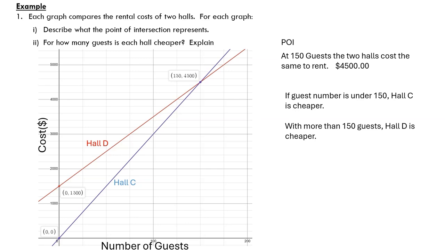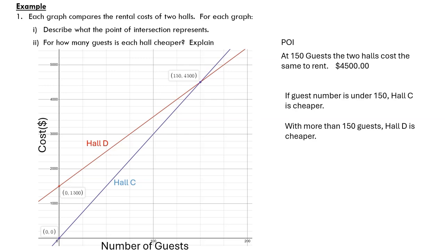So with the way the charges are set up, Hall C does not charge any upfront cost at all to begin with, but it charges by the number of guests at a fairly steep rate. Hall D does not charge as much for each guest, but it has an upfront cost of $1,500.